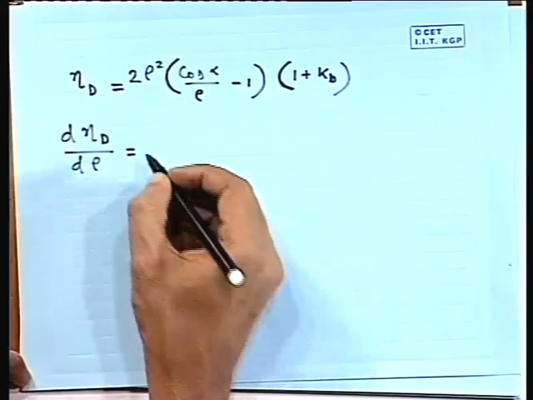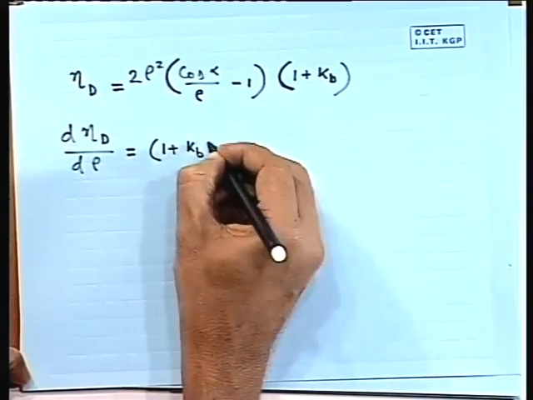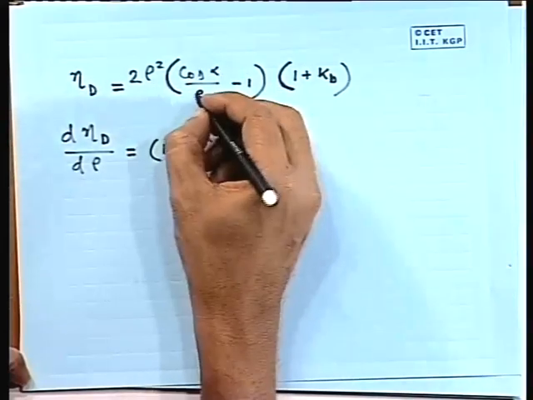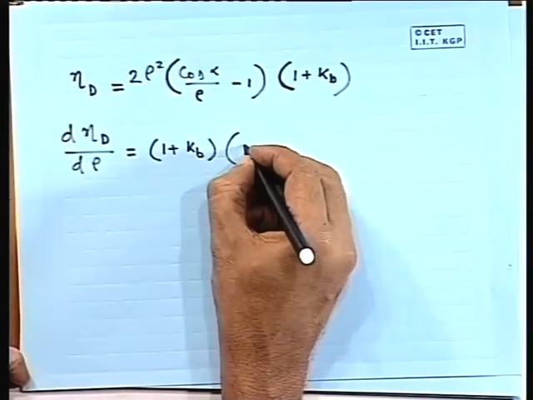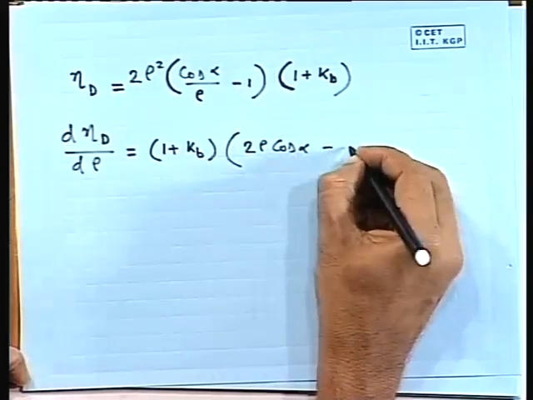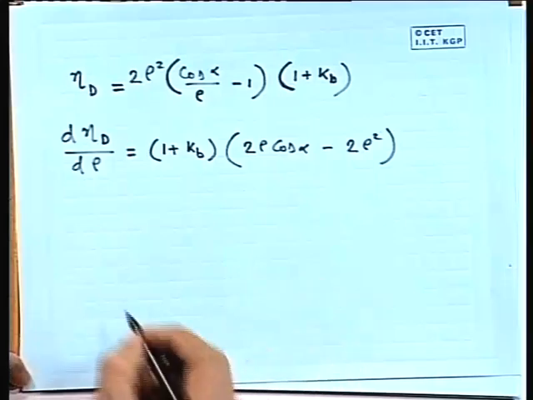So, if we break it, 1 plus Kb is a constant term, then rho will cancel. So, we will have 2 rho cos of alpha minus 2 rho square. Okay.